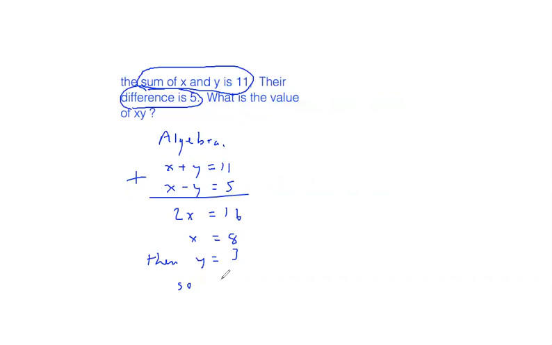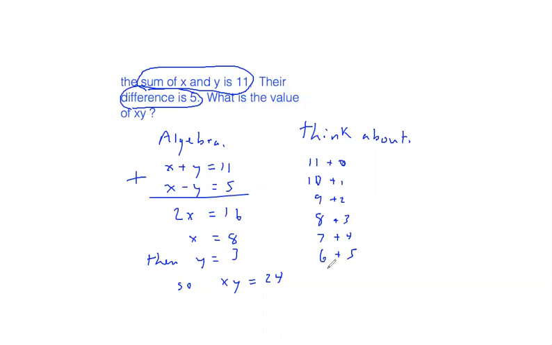So xy equals 24. Now you could have also done this just by a think-about method. And you could have gone, okay, I'm going to go 11s. So I'll go 11 plus 0, 10 plus 1, 9 plus 2, 8 plus 3, 7 plus 4, 6 plus 5, and then so forth.